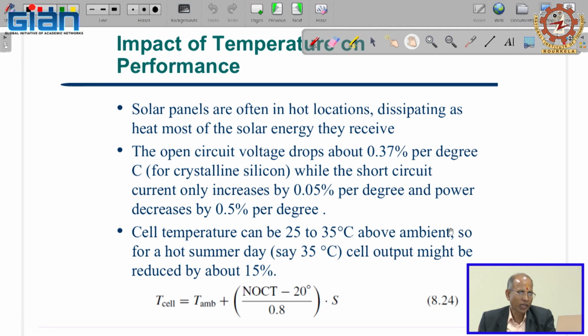Here you see how the voltage and current are affected.